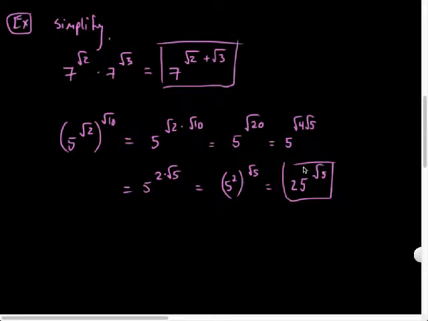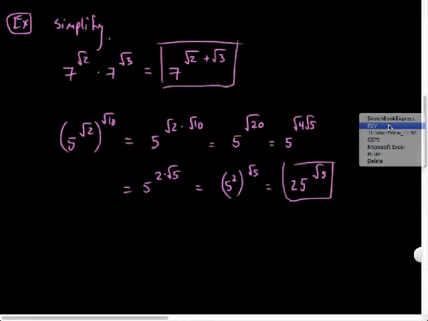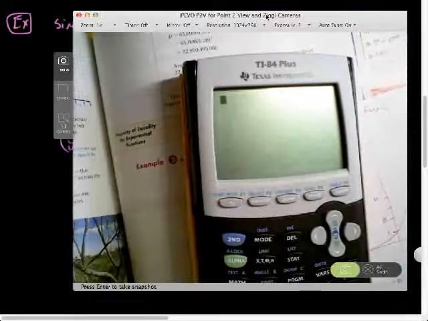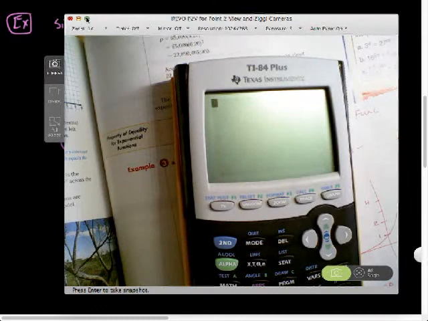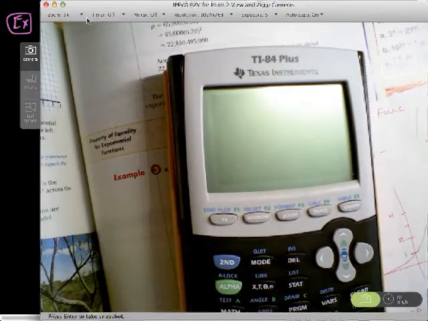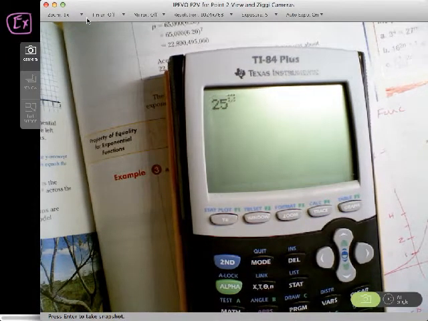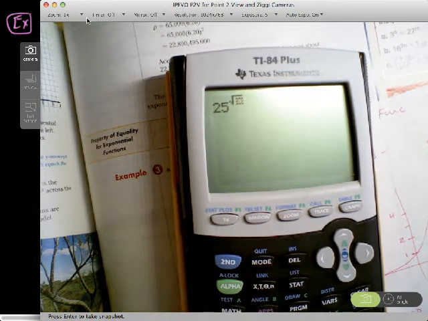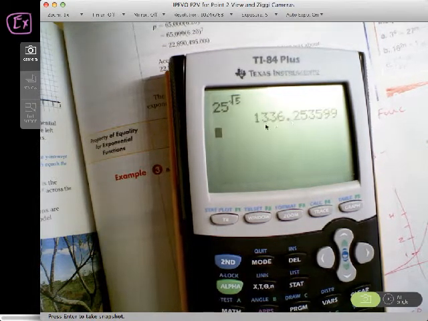I'm a fan of going the rest of the way. If I wanted to, say, plug 25 to the square root of 5 into my calculator, let me pull this screen over here. 25 to the, and then second, square root of 5, and your calculator will give you a decimal approximation of that.